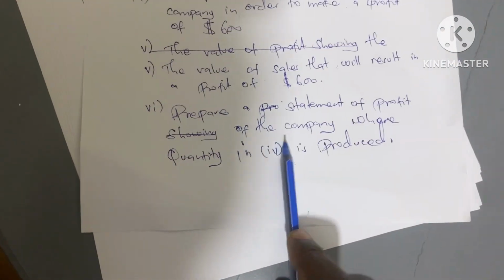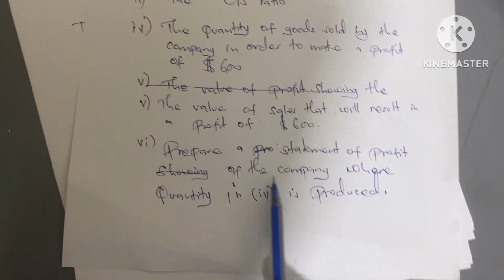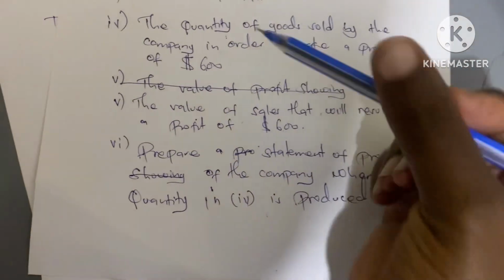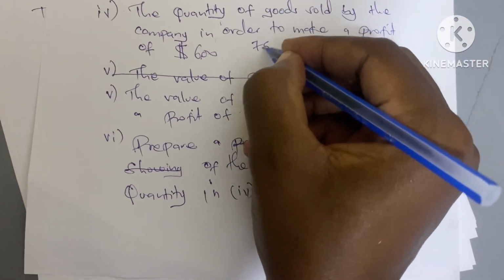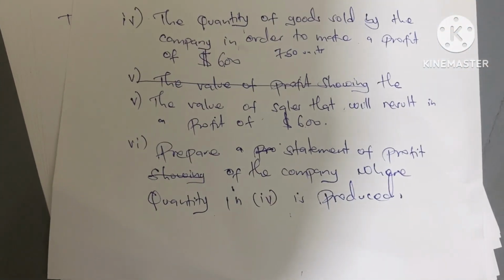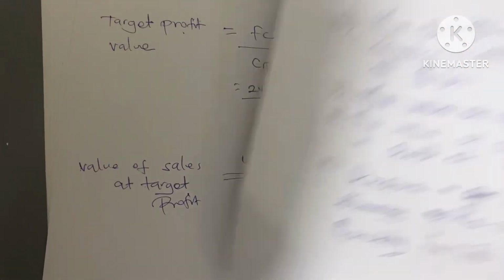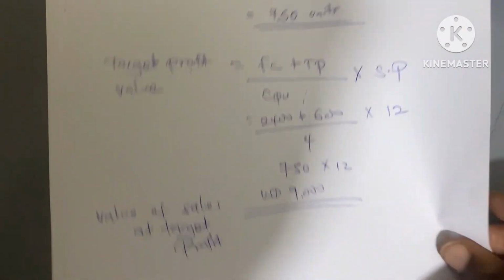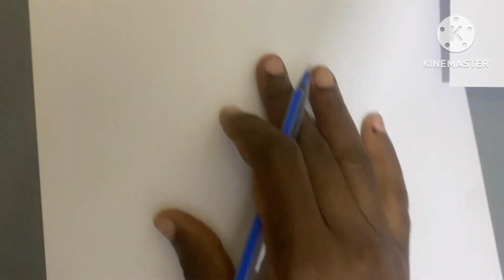with the quantity in 4 above. The quantity in 4, we got 750 units. So they want us to prepare a statement of profit.